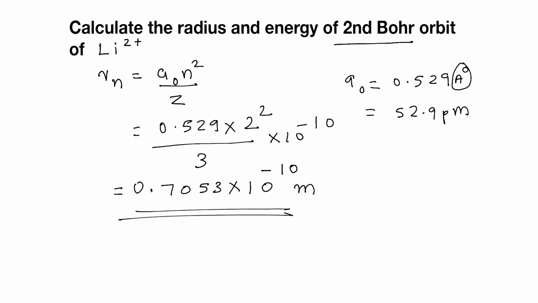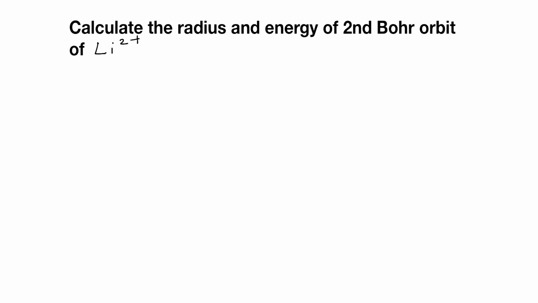Now, how to find energy? We have the equation with us. For hydrogen-like species, the equation for energy of electron in nth shell is minus 2.18 into 10 raised to minus 18 Z square by n square.